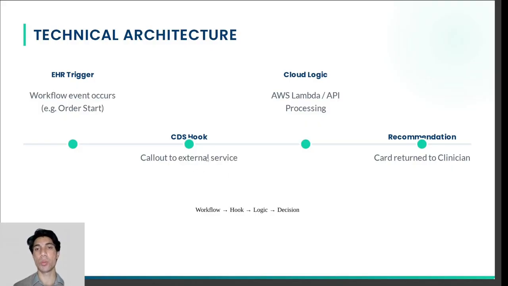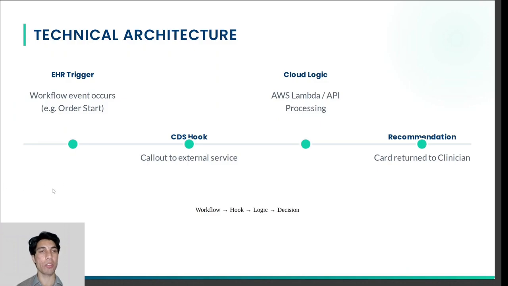That external service could be an API, our machine learning model hosted on AWS Lambda or some cloud-based machine learning processing. The patient's data is sent to that endpoint, the logic is then applied to that data, and it generates an output in the form of an alert, a decision card returned to the clinician.